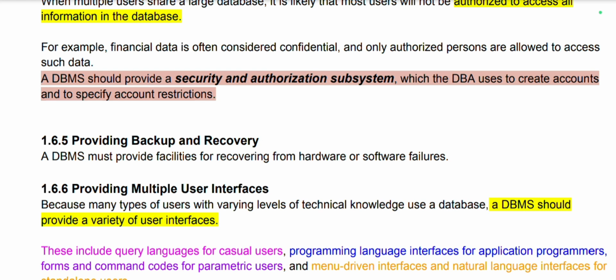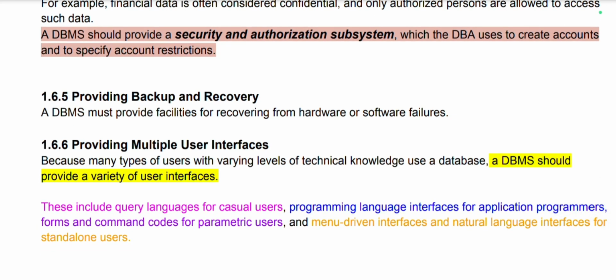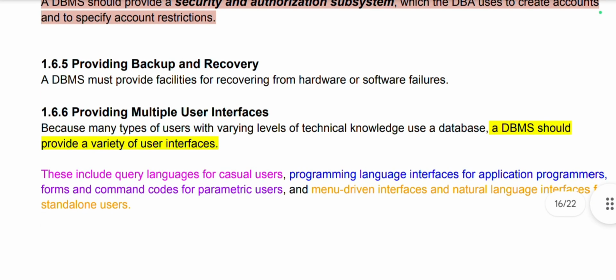Providing multiple user interfaces, because many types of users with varying levels of technical knowledge use the database. A DBMS should provide a variety of user interfaces. These include query language for casual users, programming language interfaces for application programmers, forms and command codes for parametric users, and menu-driven interfaces and natural language processing for standalone users.